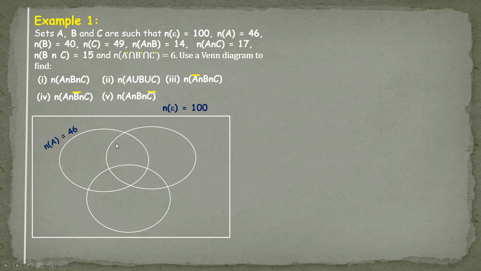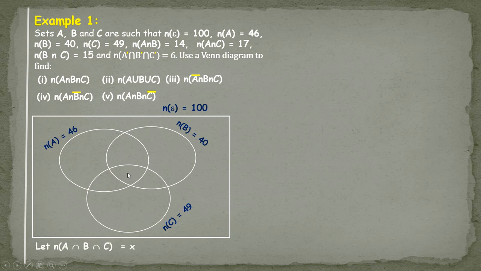Now number of B, which is 40. You don't put 40 here. The 40 represents the whole circle. Now number of C is 49, which is this part. Not here. Once you put it here, it will not be right, because this part is C only, but the question says number of C, which is actually this.